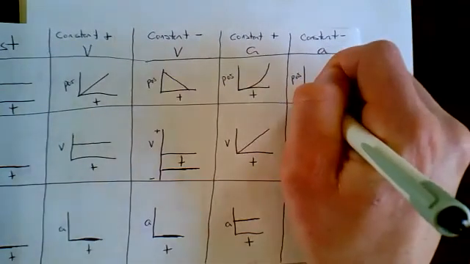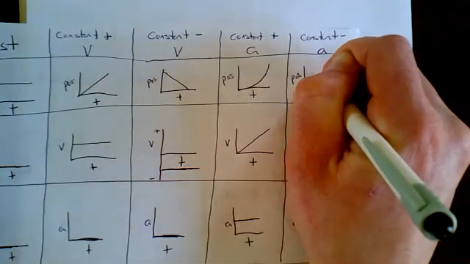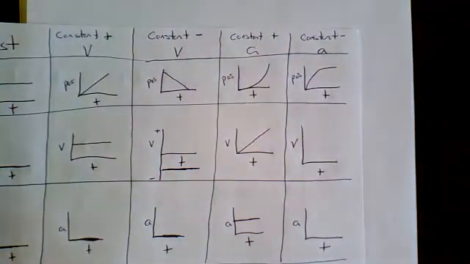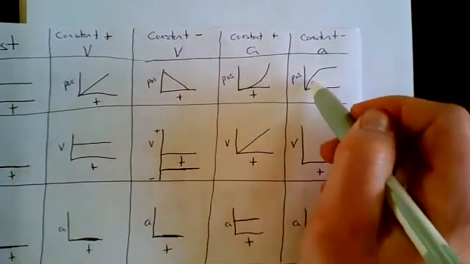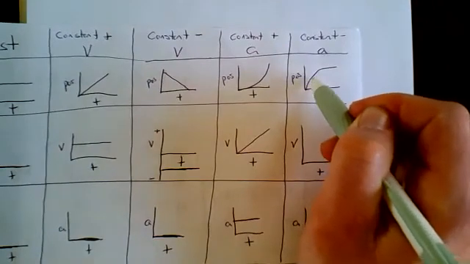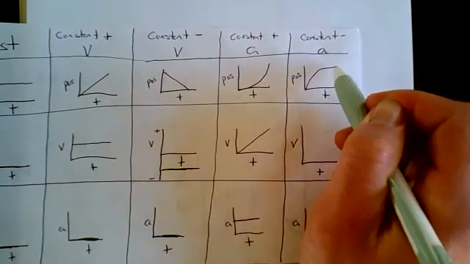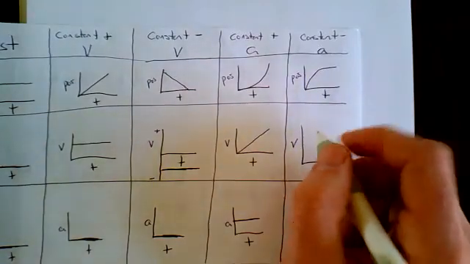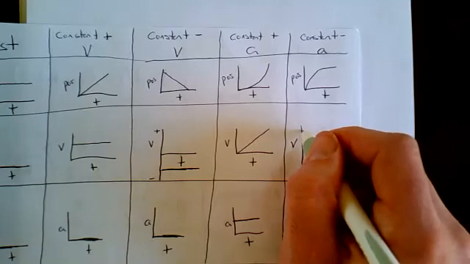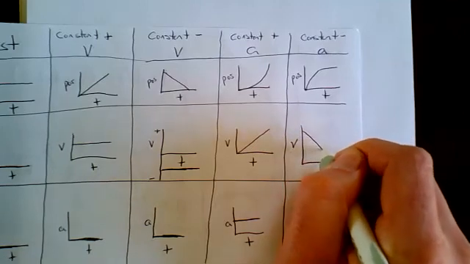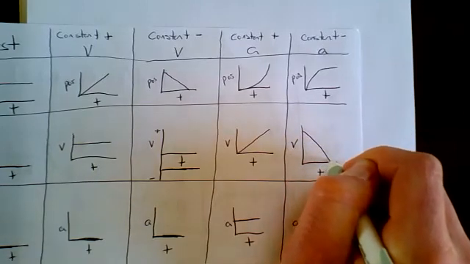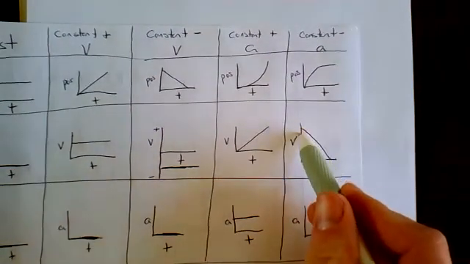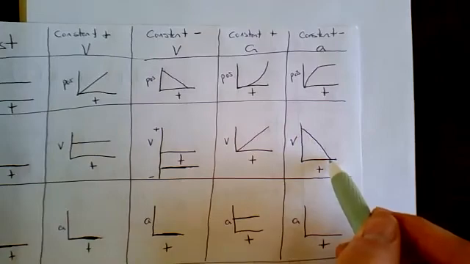Well, now I have a graph that looks like this, where my position change was a lot, but now it's getting less and less. My velocity started out high, but got less and less over time.